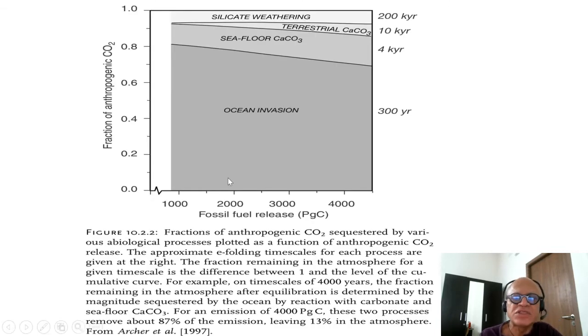Anyway, starting with this figure from the Sarmiento book, which is also from the Archer paper, it is showing the fraction of anthropogenic CO2 and the fossil fuel release of petagrams of carbon on various ranges, and where it would end up over time.